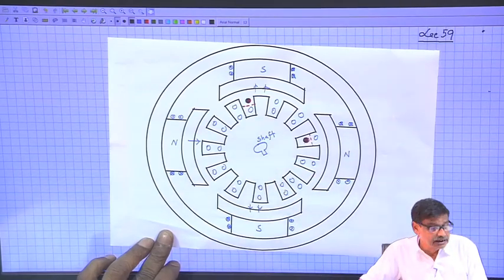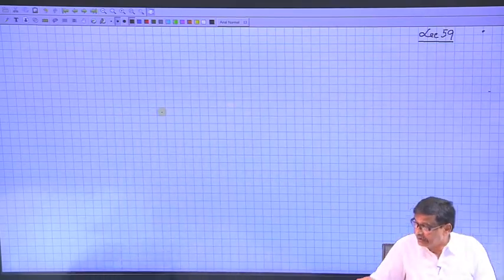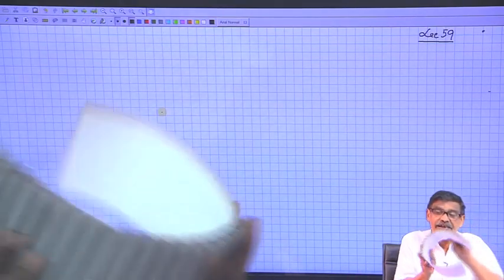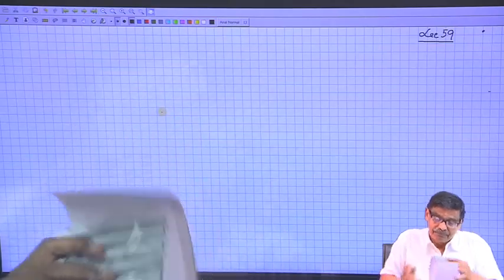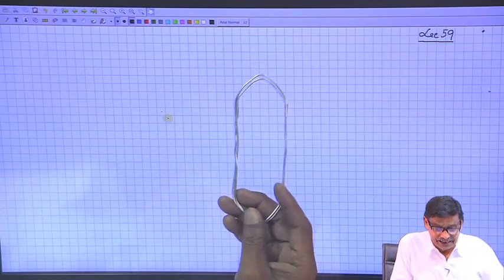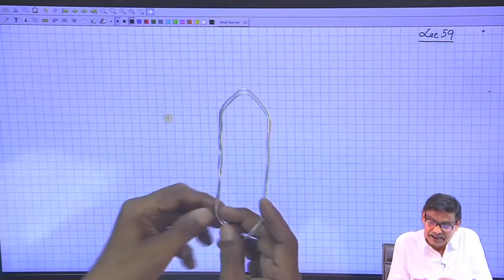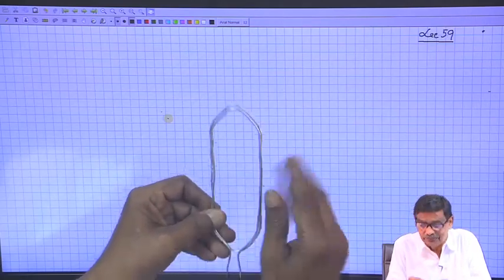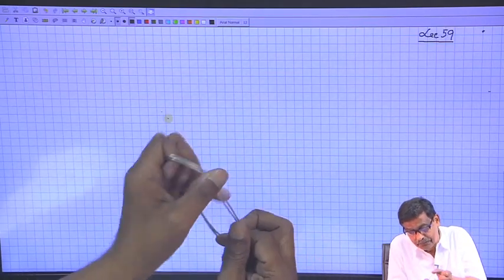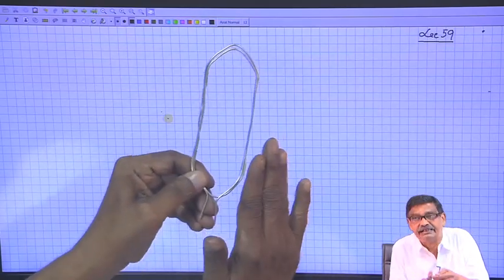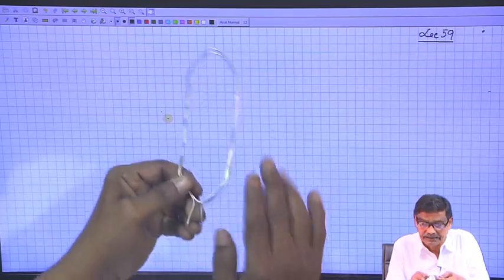In other words, what I am trying to tell, that in terms of this diagram, this is the coil. This coil, when I make it, these 2 coil sides I do not make planar, in one plane. What I will do is, I will place this coil side a little higher than this. Are you getting?